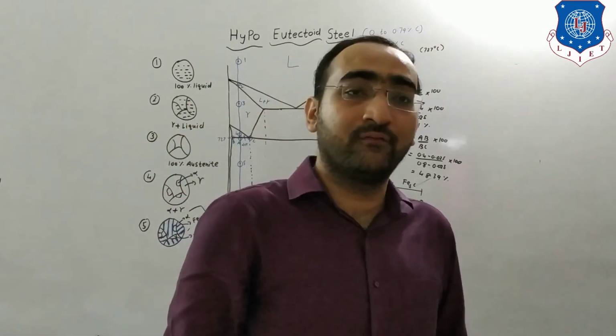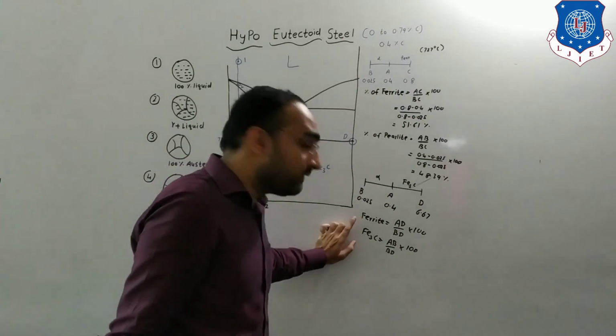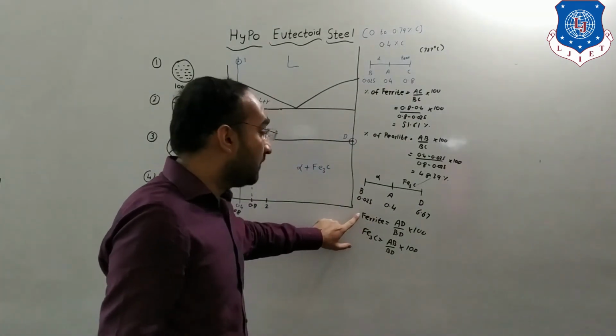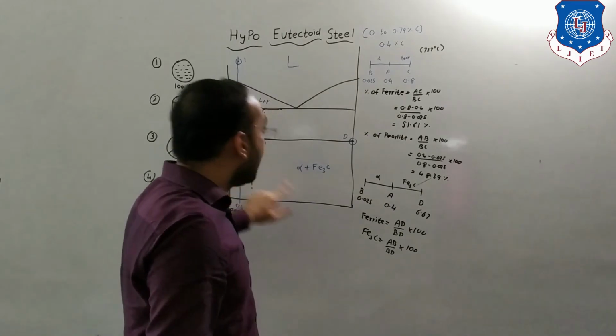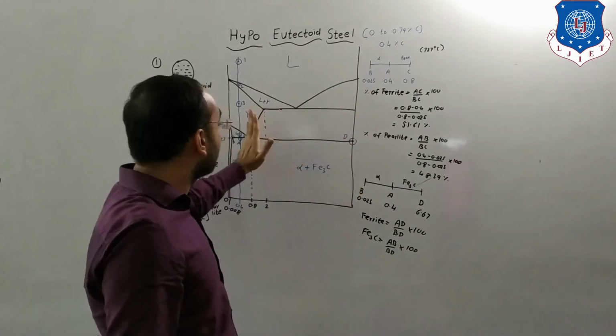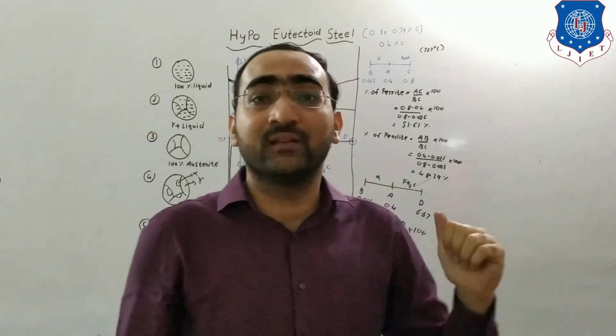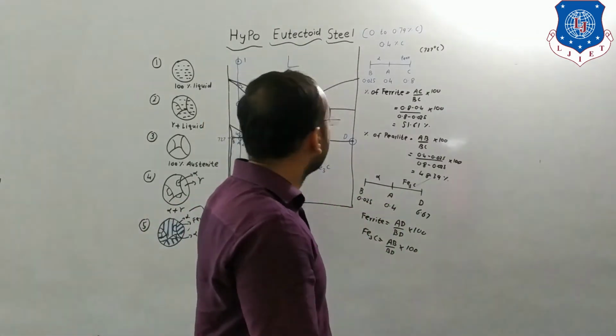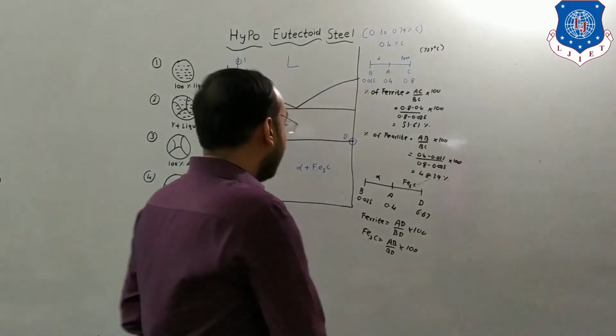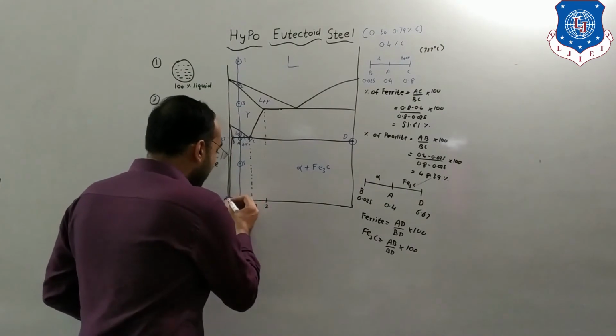This is how you can find the percentage of ferrite and cementite along a line, and also the percentage of ferrite and pearlite at a certain point. So we can get information about this particular steel. In the same way we can also apply it at room temperature.